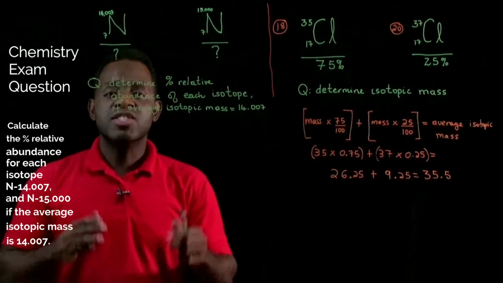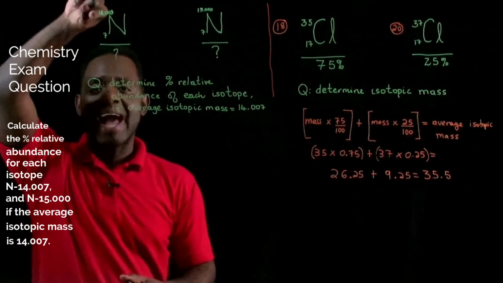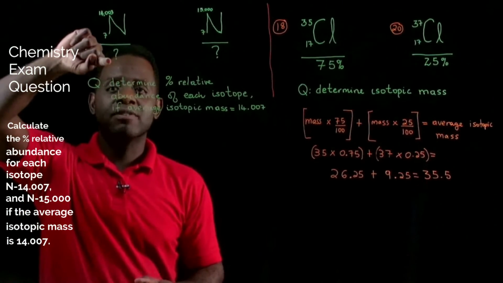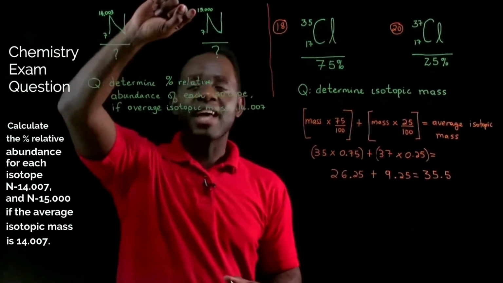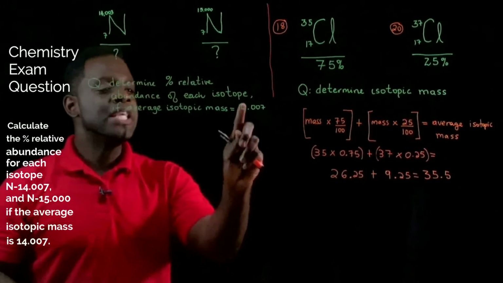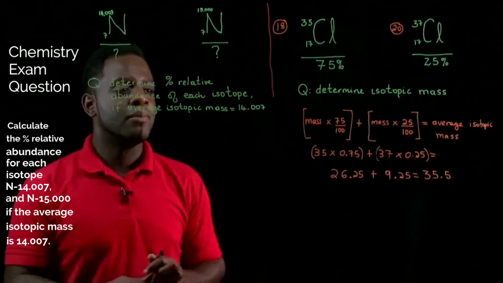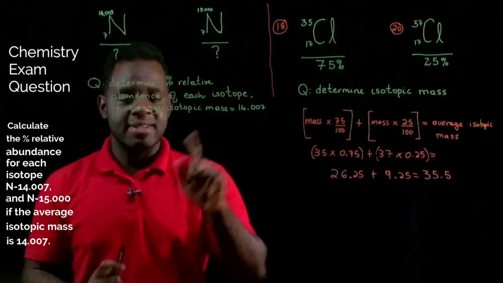Now, the sum of the product of the mass of this isotope and its relative abundance and the mass of this isotope and its relative abundance must be equivalent to 14.007, the average isotopic mass.